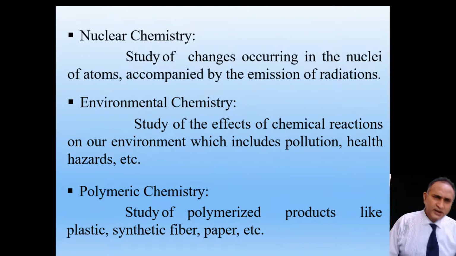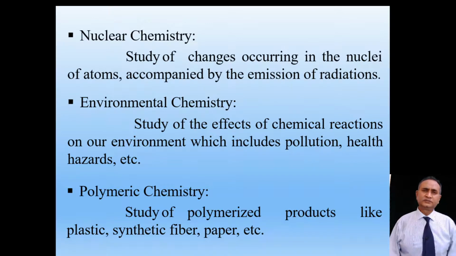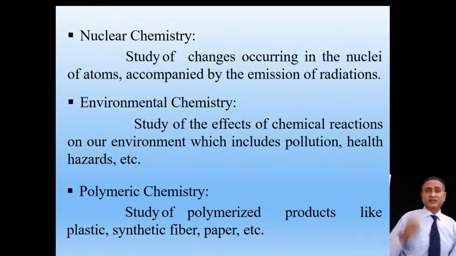Now the last three. Nuclear chemistry. As is obvious from its name, it is the study of changes occurring in the nucleus of an atom. Remember, besides electrons, we can find all other particles in the nucleus of an atom. So if there is any change in the nucleus of an atom, that change is studied under nuclear chemistry.